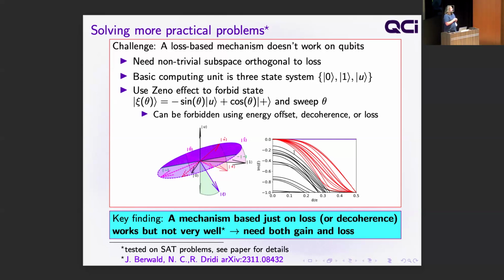Our main conclusion was that doing something based on either just measurement, just decoherence, or just loss isn't a great idea. The thing that we didn't actually test, but heavily suggested, was that doing something with both loss and gain is probably better. Yeah, that's interesting.